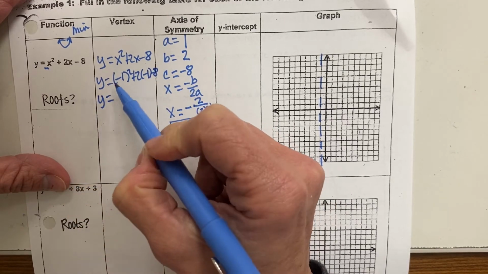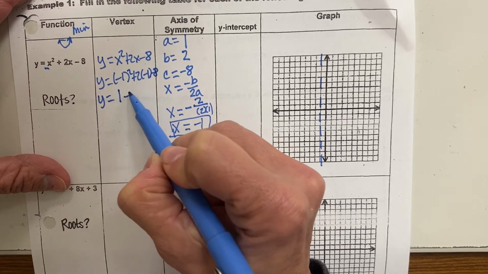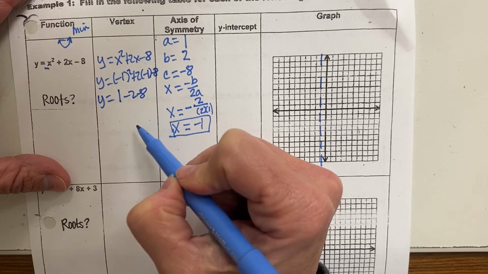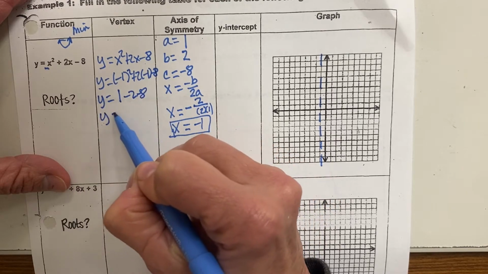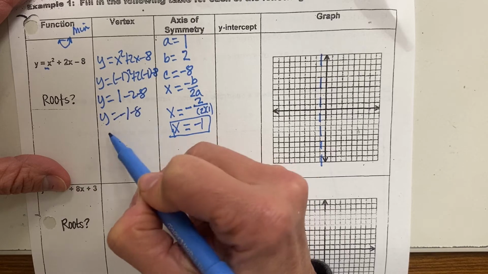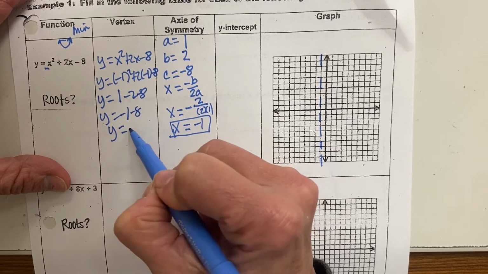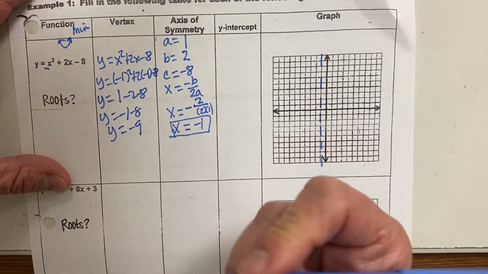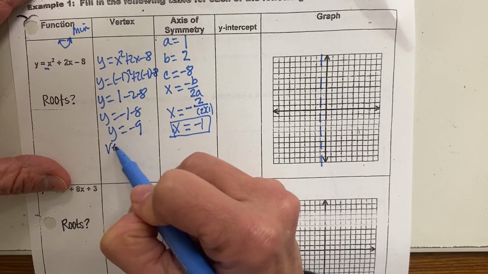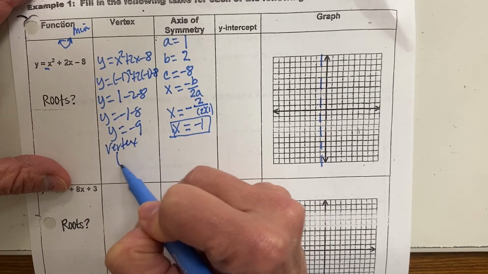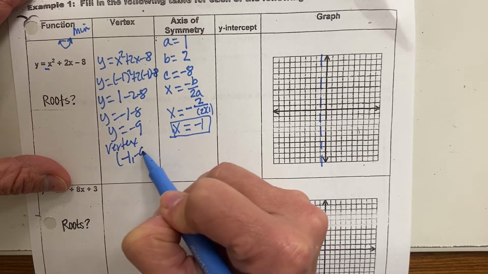Evaluate that, and so we'll have 1 minus 2 minus 8. And so y is equal to negative 1 minus 8. And so my y value is going to be negative 9. So now I know my vertex is going to be the ordered pair negative 1, negative 9.